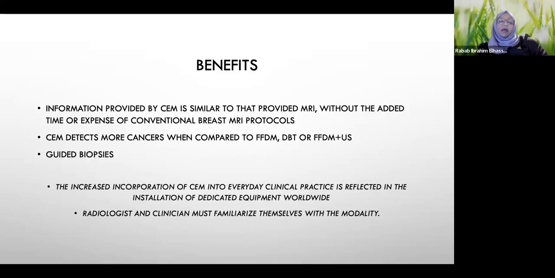The benefit of contrast enhanced mammography is that the information is very similar to the information provided by the MRI, without all the downsides of MRI, that is time, expense, and claustrophobia and all of that.